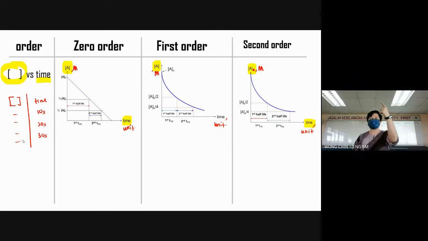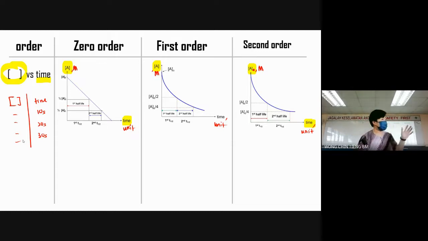Y equals to mx tu kamu kena tahu, kamu kena faham, dia takkan slow plot. So kamu kena boleh plot y equals to mx plus c. So soalan tu memang dia cakap dia nak linear graph method dan ramai gila budak satu Malaysia hantar half-life. Cantik mana pun, elok mana pun, kita tak bagi markah. Okay, sebab soalan dah cakap linear graph method.